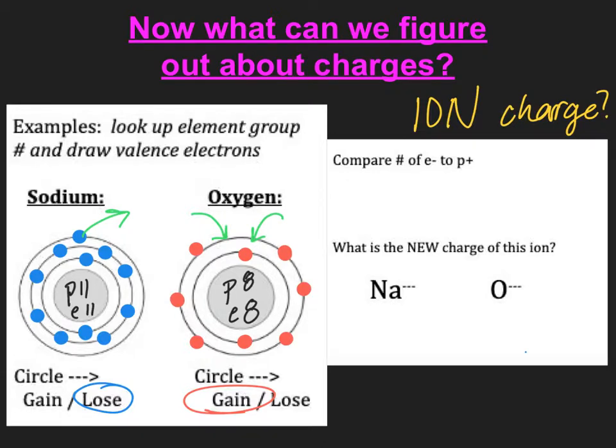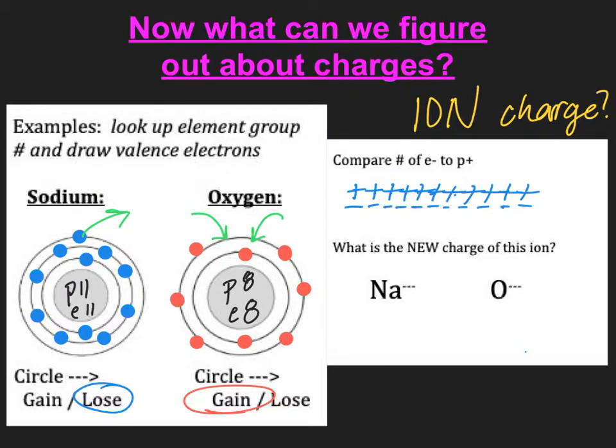We had 11, 1, 2, 3, 4, 5, 6, 7, 8, 9, 10, 11 protons, and 1, 2, 3, 4, 5, 6, 7, 8, 9, 10, 11 electrons. So initially, this sodium atom over here was neutral. But as it was trying to reach its stable 8, it went and lost 1 electron.